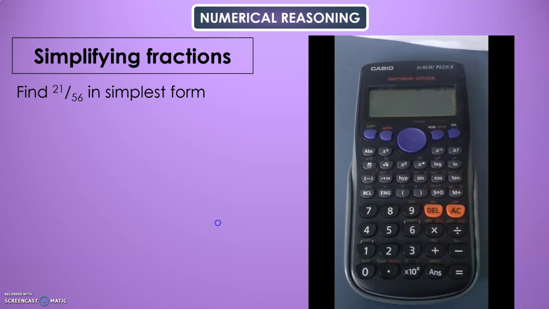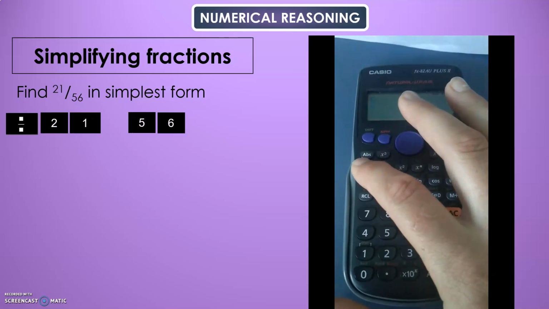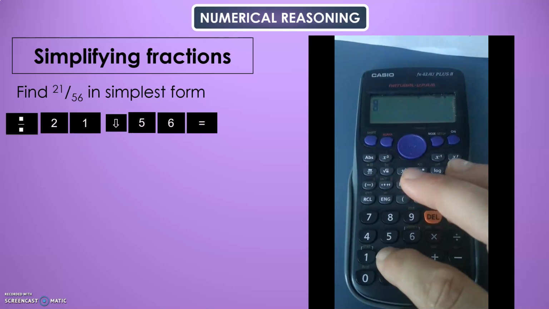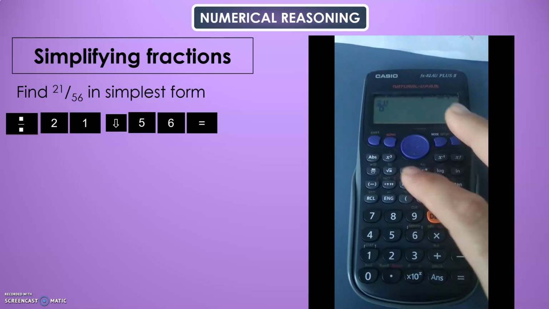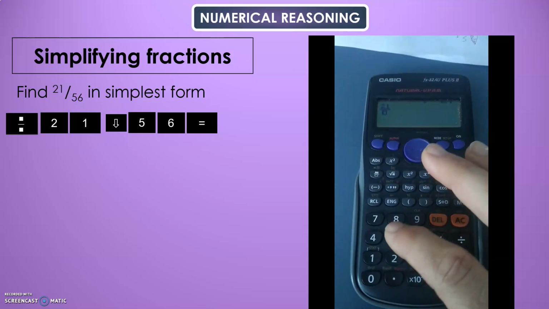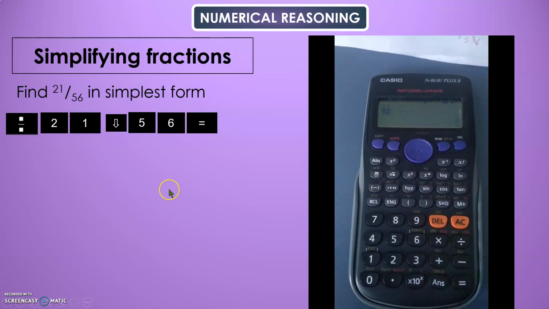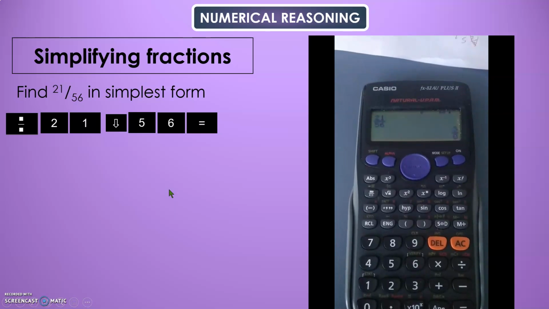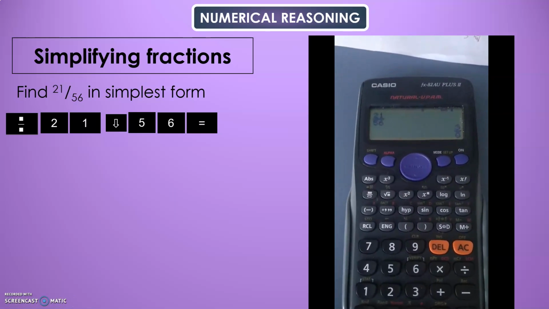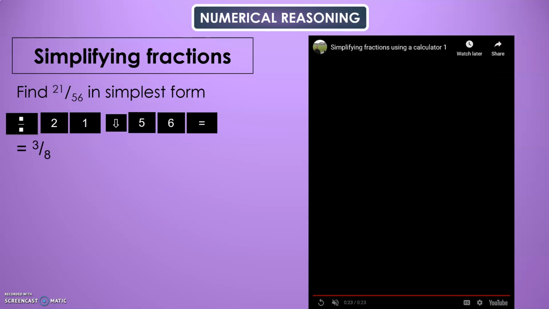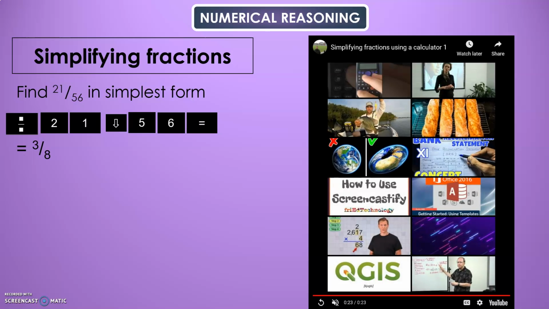With your calculator, the first thing we need to do is press the double box, and you simply put it in as normal. So 21, press down, 56, and then you press equals, and we get 3/8, and that's it.